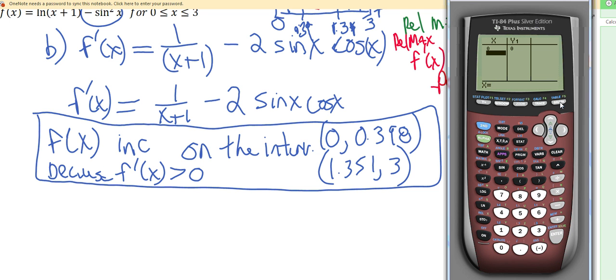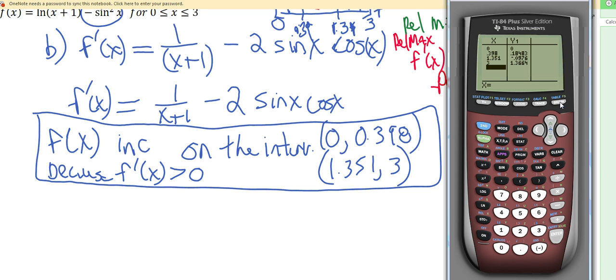That is certainly an endpoint, so f of 0 is 0, and then our next test point is going to be 0.398, and we'll record that number, and also at 1.351, and we get that negative 0.0976, so we would write down negative 0.098, and then of course test our last point, which is 3.